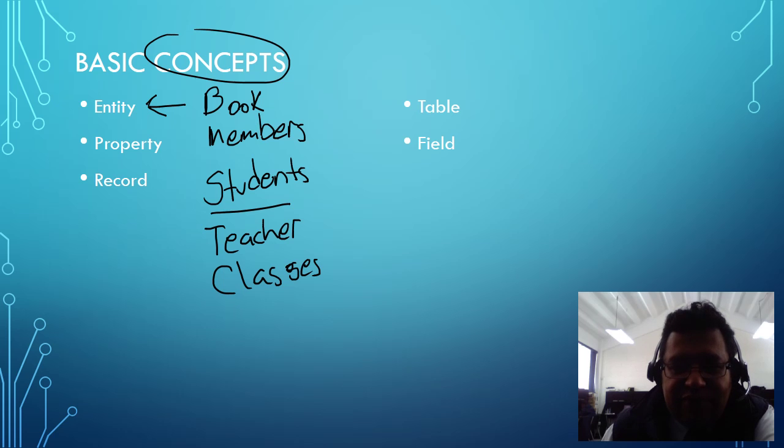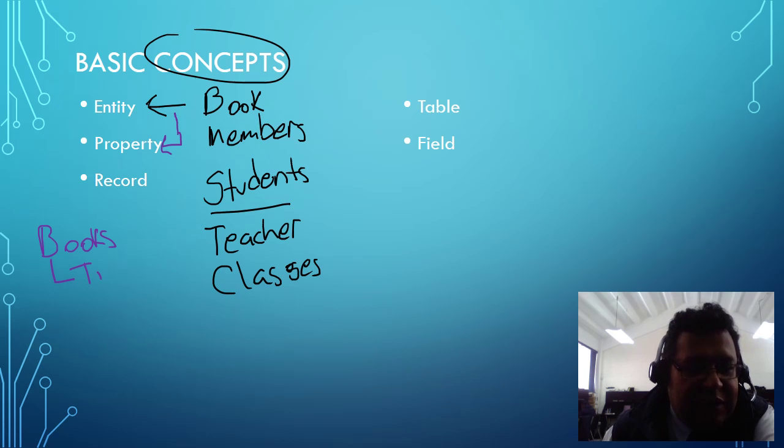Now, next to the idea of entity is the idea of property, and the property belongs to the entity. So every entity has properties. If we take a look, for example, at books, and I'm going to write it here, books as an entity has different properties.